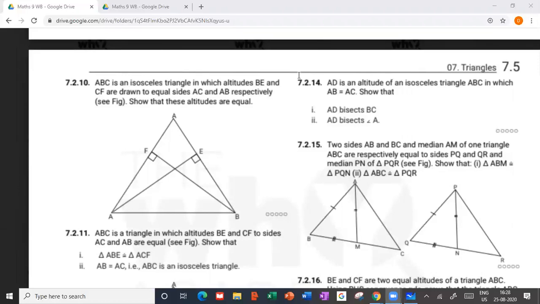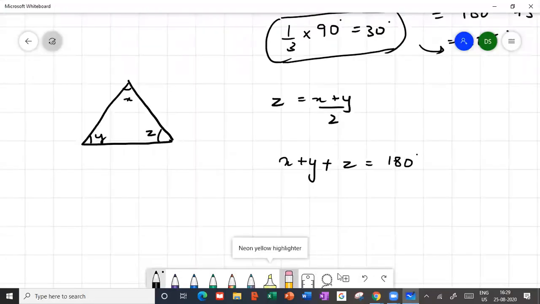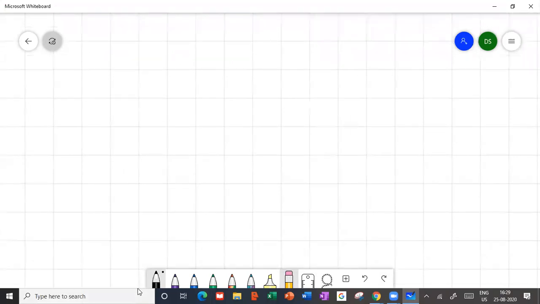You consider triangles AEC and BFC. Let me just draw it for you.